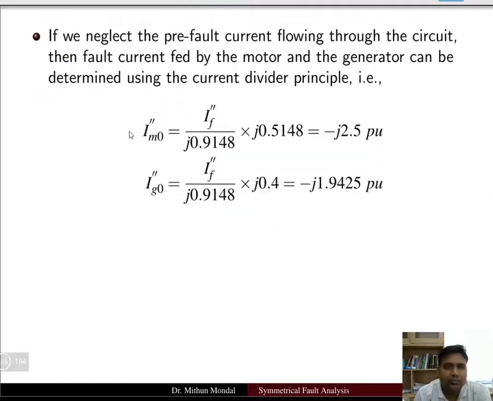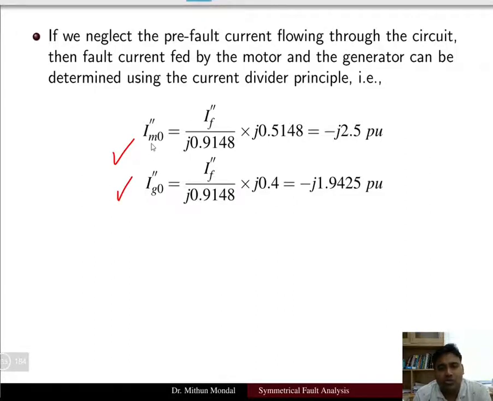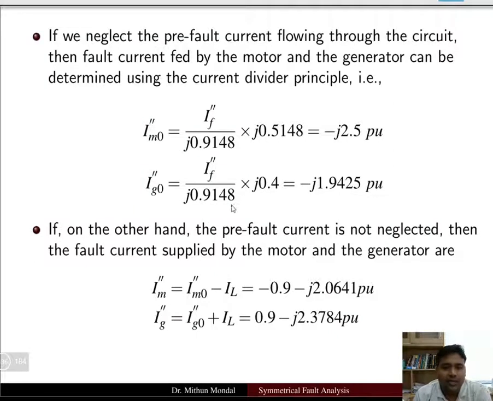Now it can be divided into the motor part and the generator part. So using the parallel rule, the current division rule, we can find out the motor current and the generator current, the pre-fault current. Once we have obtained that, we can obtain the motor current and the generator fault current.